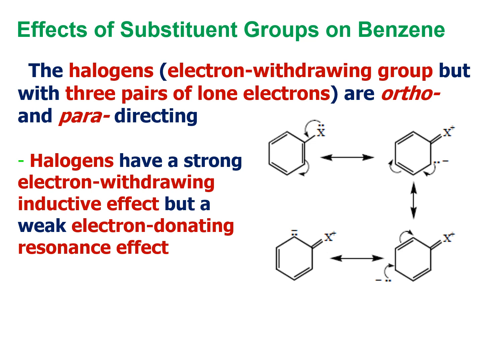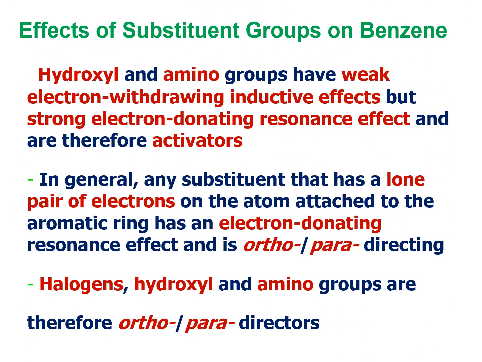So that is why halogens can be ortho-para-directing, though they are deactivators because of their strong electron withdrawing potential via inductive effect. Hydroxyl and amino groups have weak electron withdrawing inductive effect and strong electron donating effect, hence they are activators. While halogens have strong inductive effect and weak resonance effect. That's why they are deactivators but ortho-para directors.